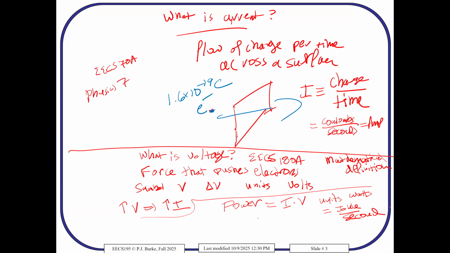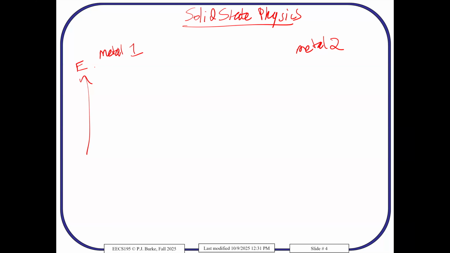Now, a battery generates a voltage. How does a battery work? We need to talk a little bit about solid state physics. I have one slide on solid state physics. So consider two metals, metal 1 and metal 2, and consider the energies the electrons have in that metal. There are many, many electrons in that metal, 10 to the 23rd electrons.